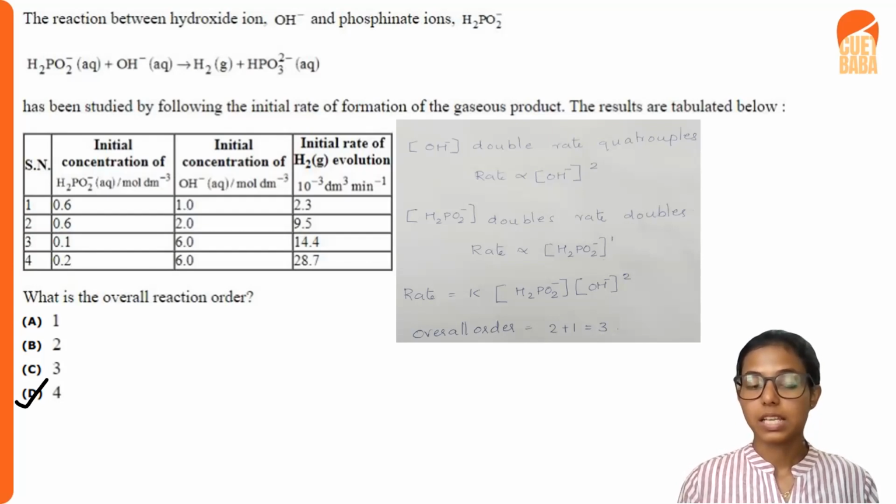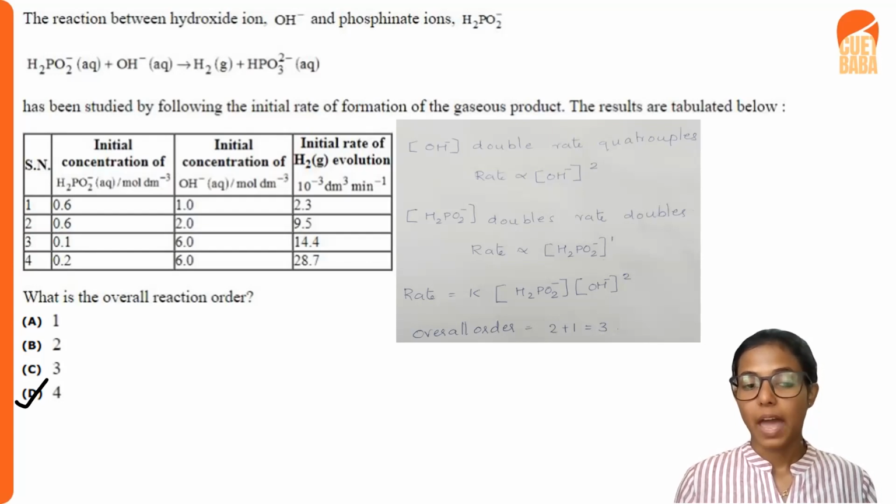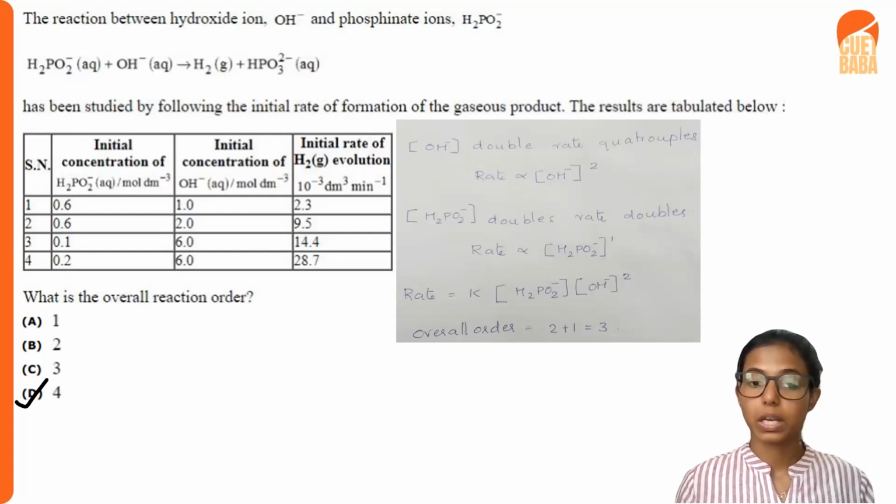In the third row the rate is 14.4, and when the concentration of phosphinate ion doubles, the rate becomes 28.7, that is almost double that of 14.4. So when the concentration of phosphinate ions doubles, the rate also doubles. So the rate is proportional to H2PO2 minus raised to 1.